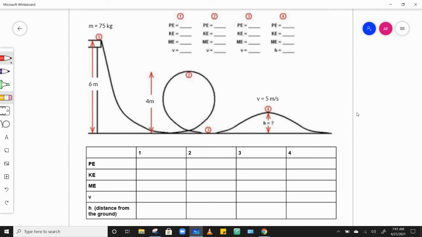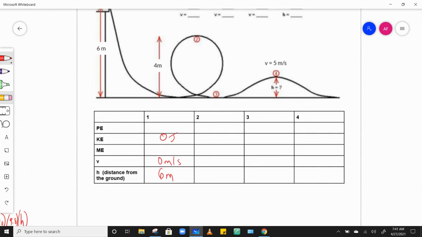So again, I changed the numbers. In the first situation, the first position, we have a height of 6 meters, a velocity of 0 meters per second. So we're starting at 0 meters per second. The kinetic energy is 0 joules, and it's all potential energy here. So we do have to solve for this. Potential energy here is mgh.